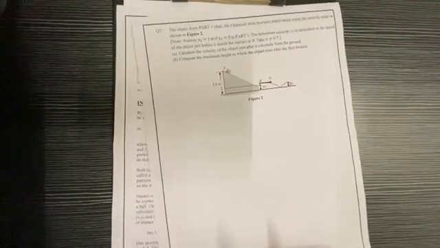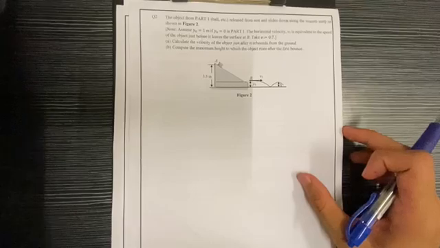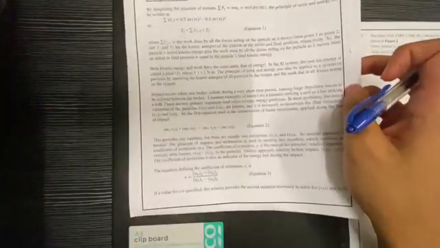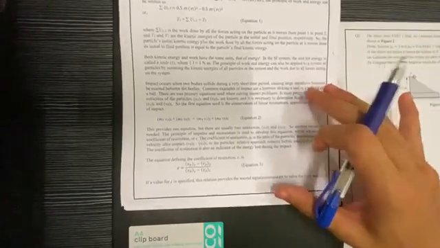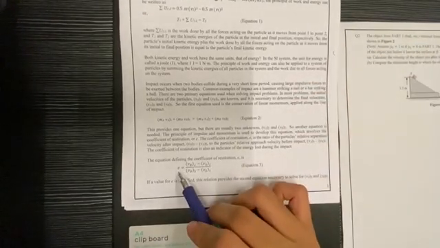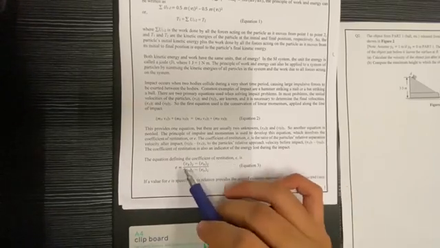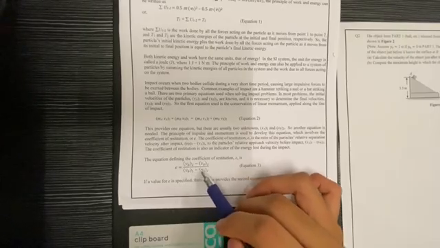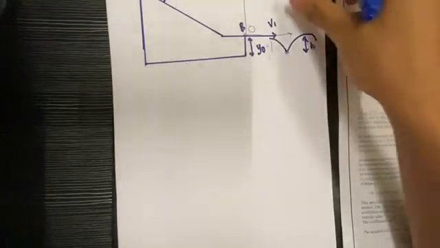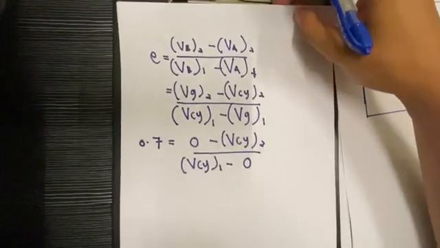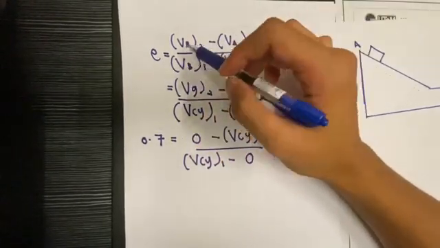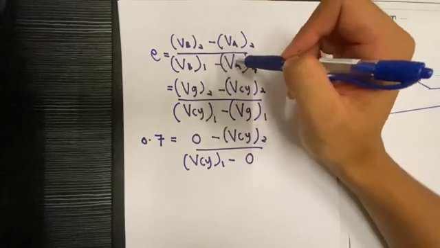In this question we can use equation 3 as given in the introduction, which is e, the coefficient of restitution, equal to VB2 minus VA2 divided by VB1 minus VA1.